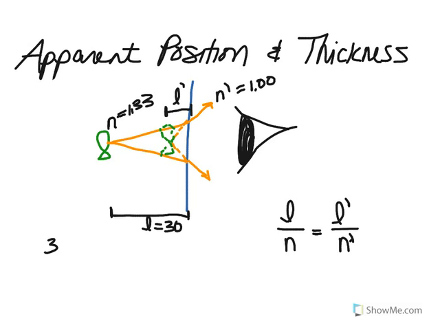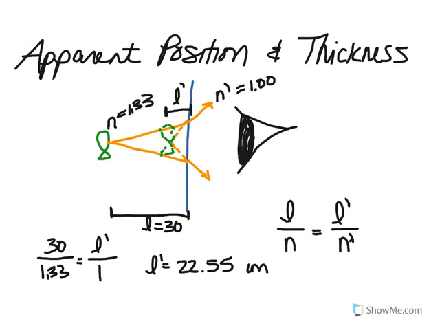So here, 30 over 1.33 is equal to L prime over 1. And you can solve for L prime and find that the apparent position of the fish is 22.55 centimeters below the surface. So as we expect, it appears to be closer than it actually is.